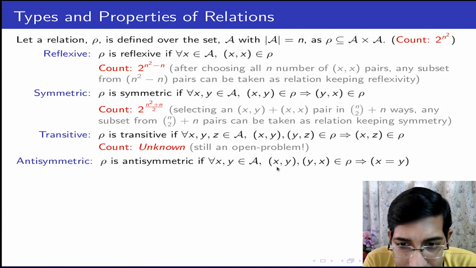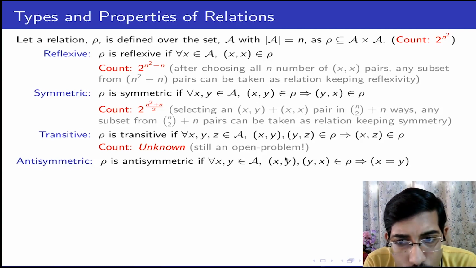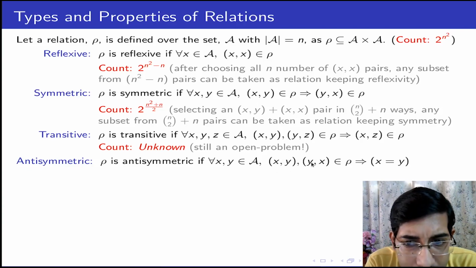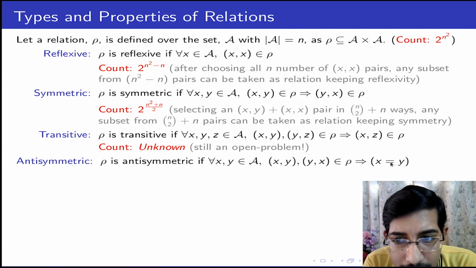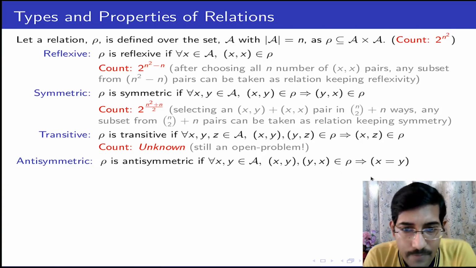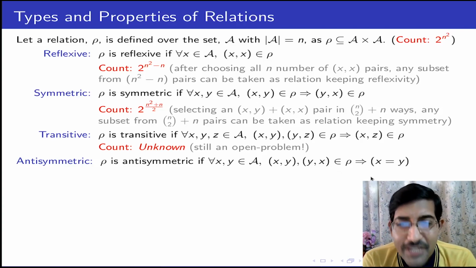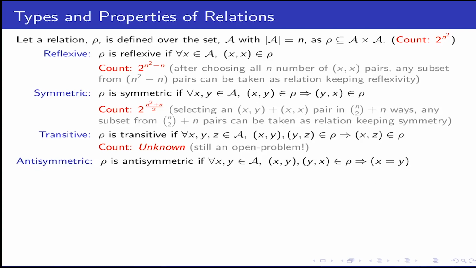Because let's say x is related to y. So I say that I have an order going from x towards y. Just try to think of an arrow going from x towards y. The moment I take an arrow from y to x, I immediately say no, you can only take that if x is equal to y. What does it signify? It signifies that I cannot order the elements in both ways.